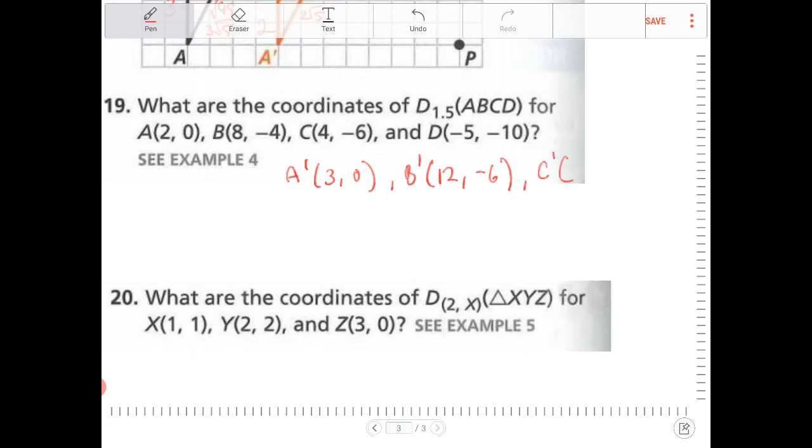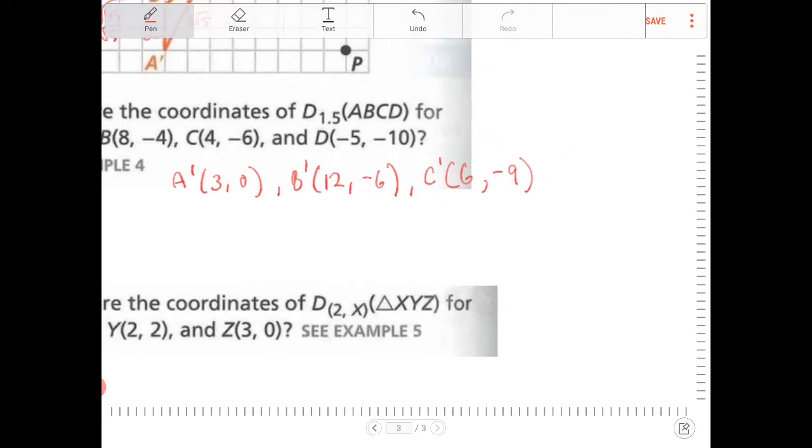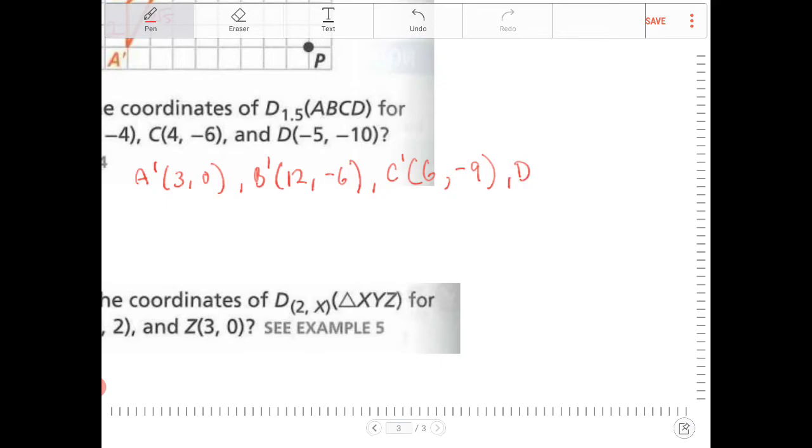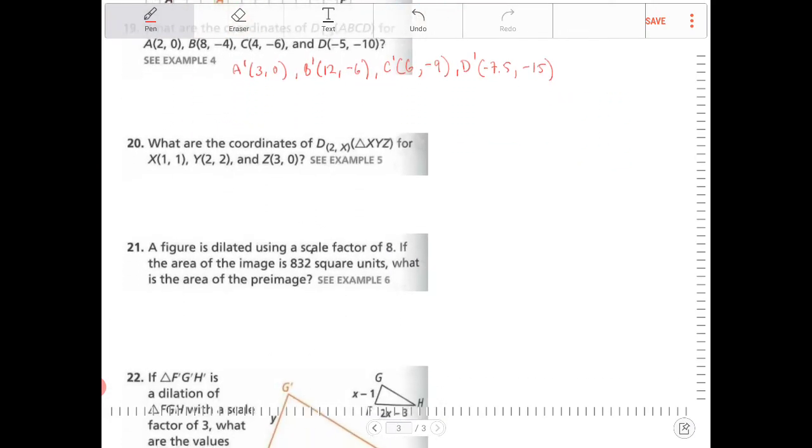C prime, 1.5 times 4 is 6. Negative 6 times 1.5 is negative 9. And D prime, negative 5 times 1.5 is negative 7.5. And negative 10 times 1.5 is negative 15. So those are the coordinates.